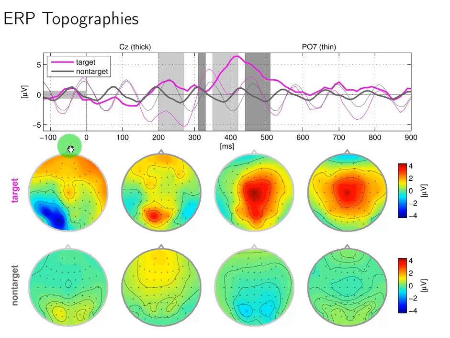First, we take a look at the time series representation and select the time segment of interest, for example from 200 to 260. We perform averaging, which results in one amplitude value, and then interpolate on top of this surface, which corresponds to the average amplitude at that time for both target and non-target events.